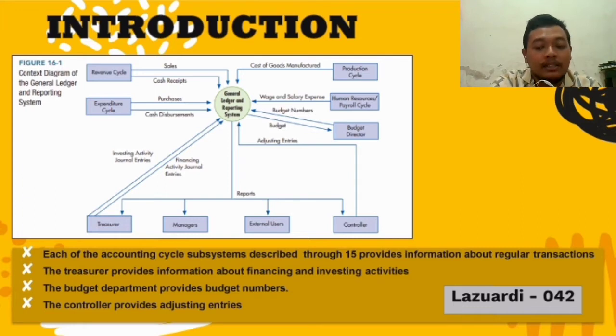So as you can see in figure 16.1, the general ledger and reporting system plays a central role in a company's accounting information system. Its primary function is to collect and organize data from the following sources. The first is each of the accounting cycle subsystems described through chapter 15, which provide information about regular transactions.